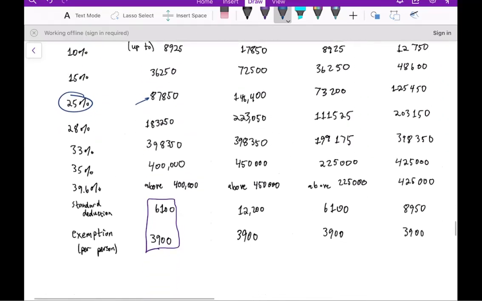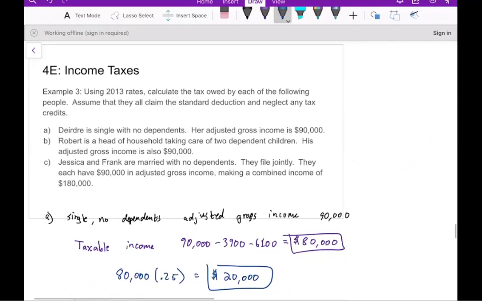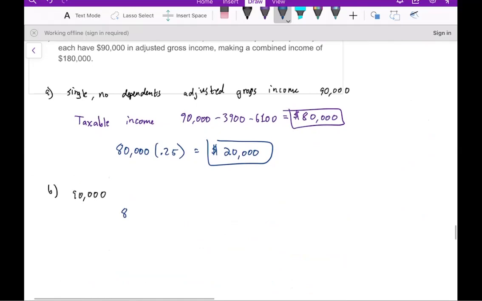Now the standard deduction is $89.50, and the exemption is $3,900, but that's per person. So we need 3 of those. So we have $89.50, and then 3 times $3,900. Right, those are the things that we can subtract from our 90,000.